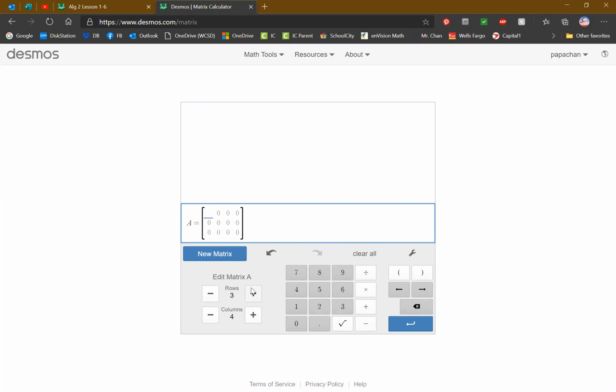I'm going to put in the leading coefficients for 3b: 2x plus y minus 2z equals 3. 1x for the second row, whoops, minus 2y plus 7z equals 12.